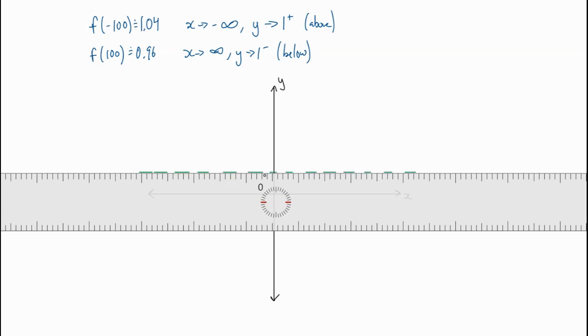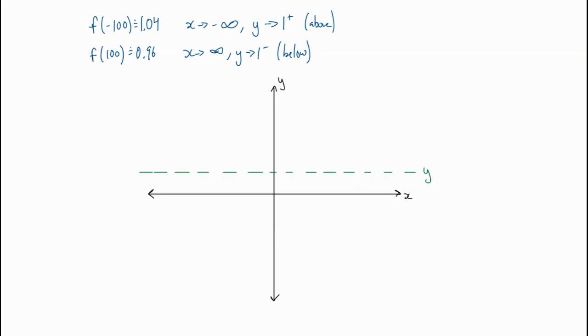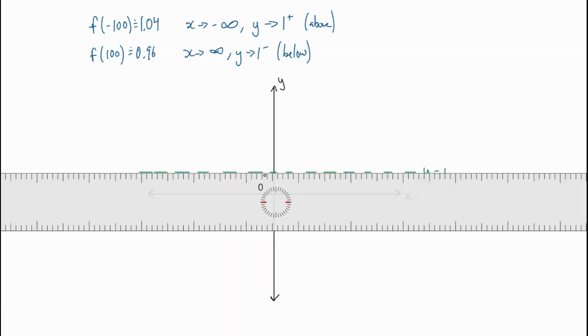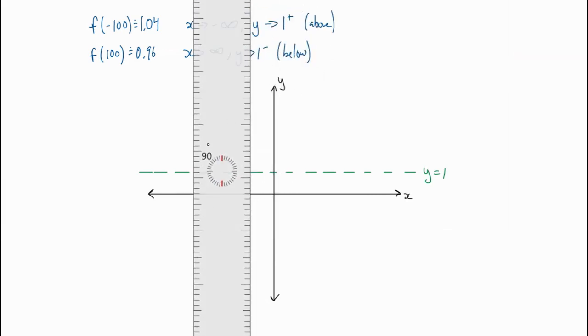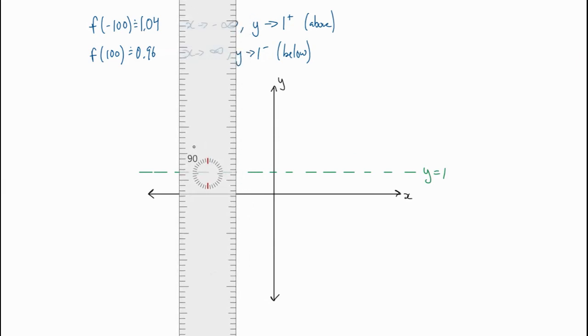And don't forget to label everything. I'm going to label as I go so I don't forget. Vertical asymptotes are positive 2 and negative 2.